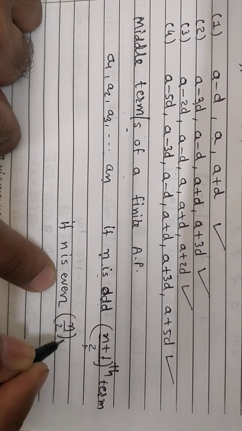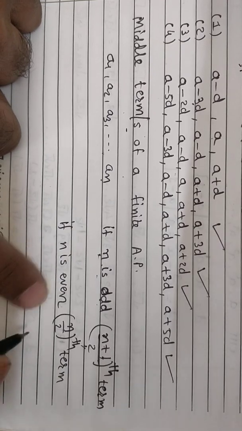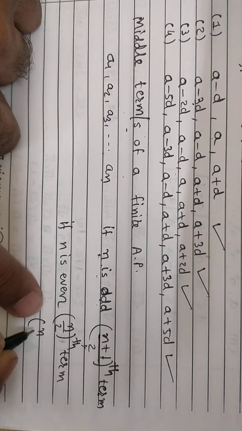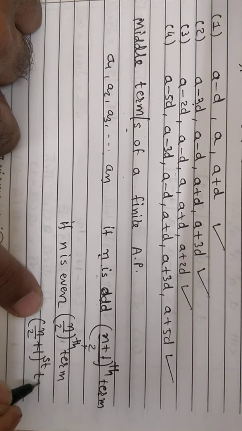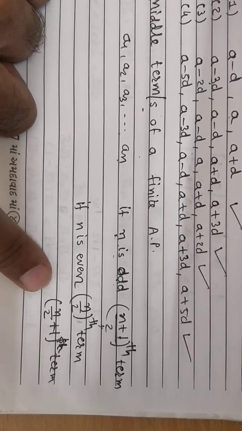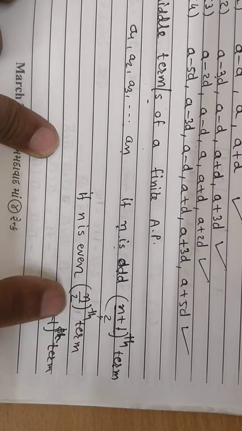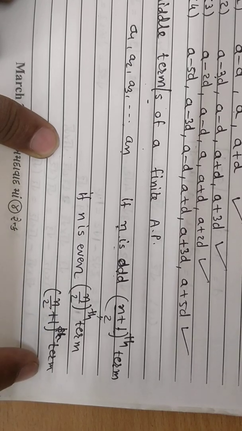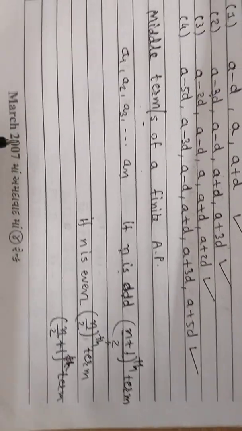The first is the n upon 2th term and the second one is the n upon 2 plus 1th term. Okay. If n is even, then the n upon 2th term and the n upon 2 plus 1th term are your middle terms.